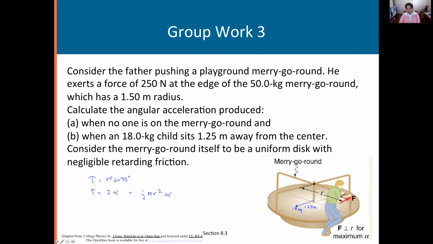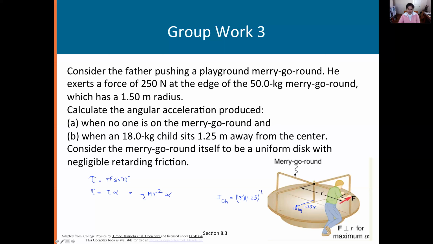So we need to now add to the moment of inertia of the disk, which was 1/2 mr squared, the moment of inertia due to the child, which is going to be mr squared. So the moment of inertia due to the child equals 18 times 1.25, the child's distance from the axis of rotation, squared.